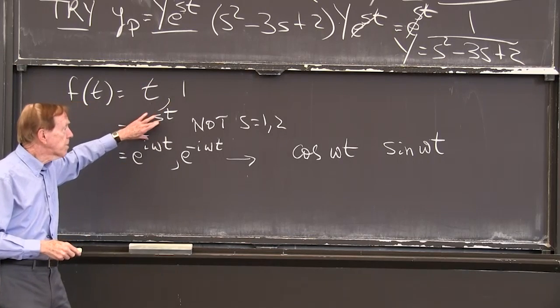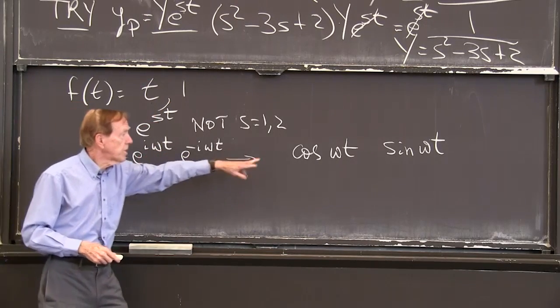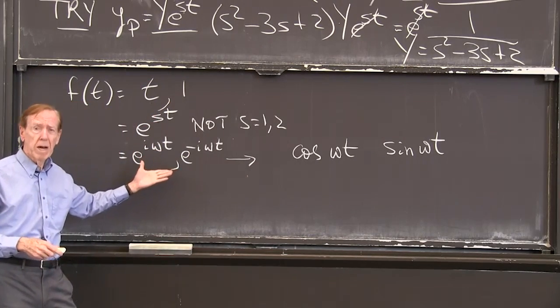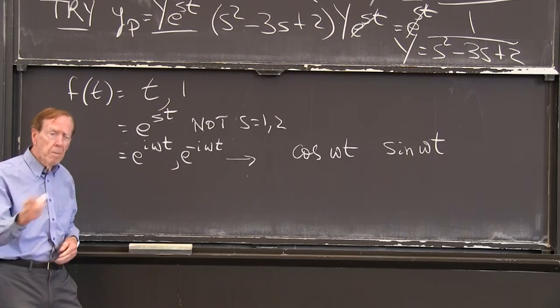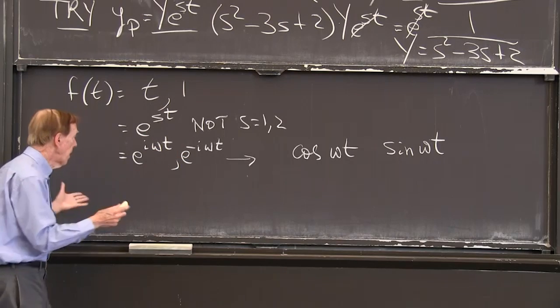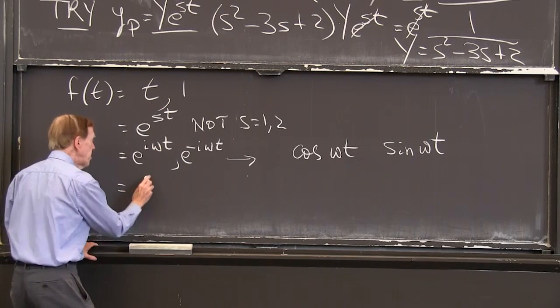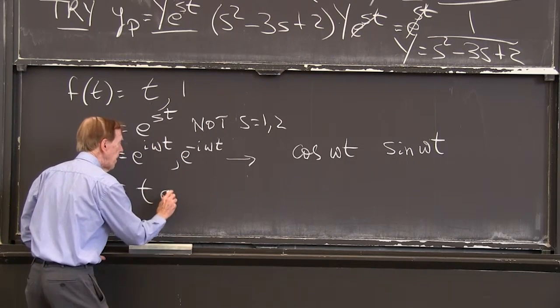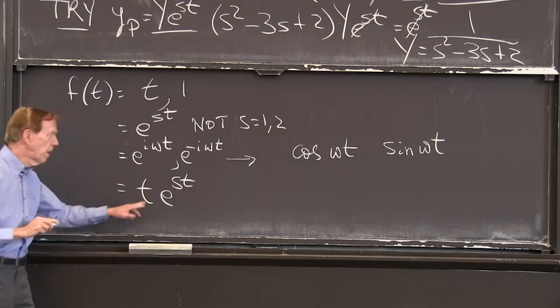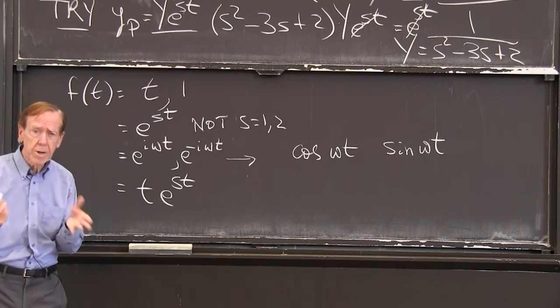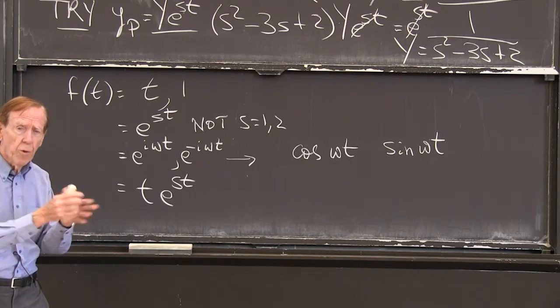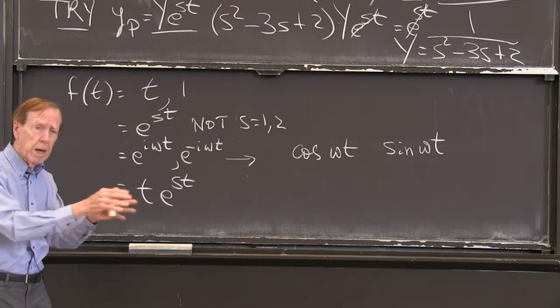Polynomials, exponentials, cosine and sine, because those come from exponentials. And finally, I can multiply these. I could have, for example, t e to the st. I could allow that. And now all I have to do is tell you what do I assume, what form do I try to plug in.